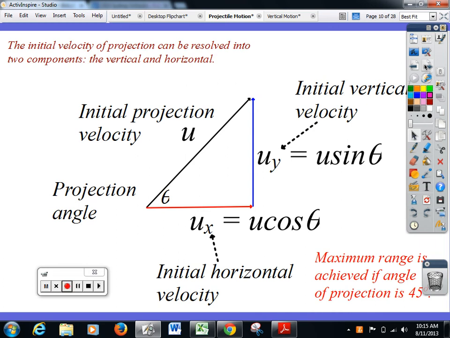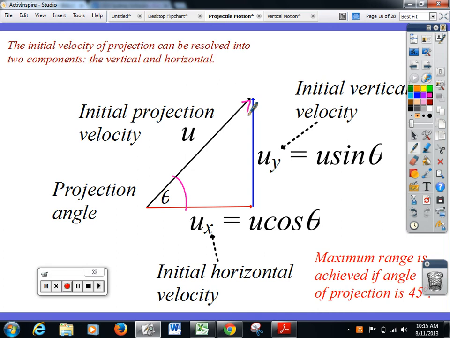That means that I'm projecting it at this angle here, and that angle there is theta. And the speed that I projected at is the initial projection velocity, which we're going to call u.